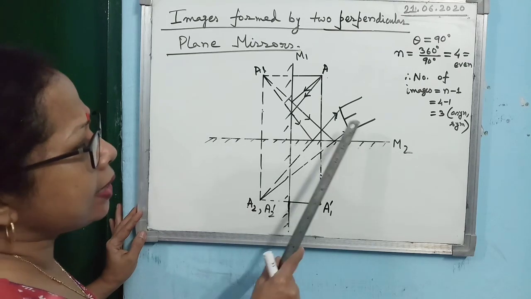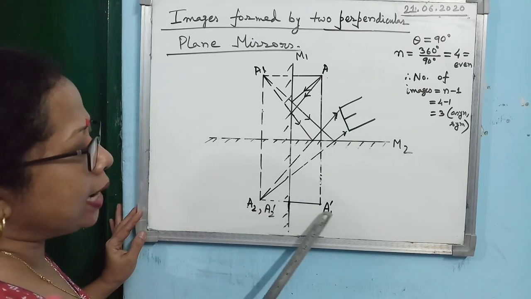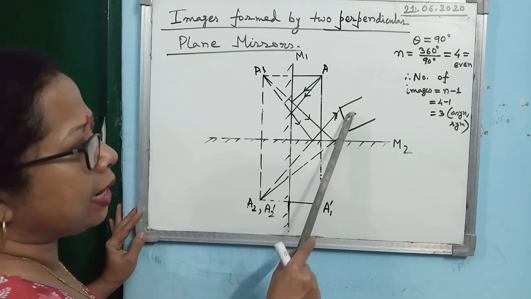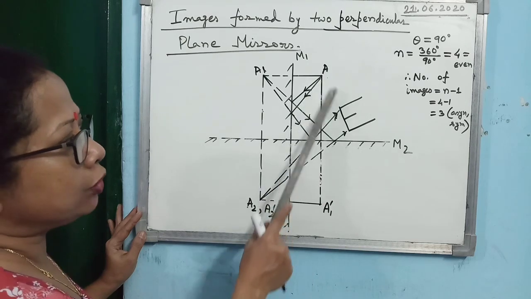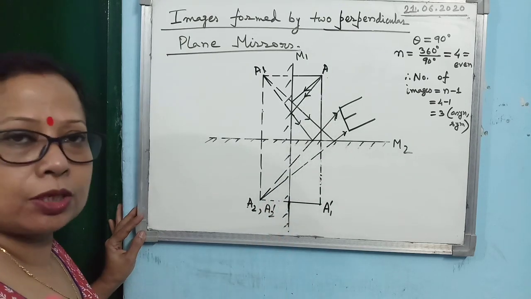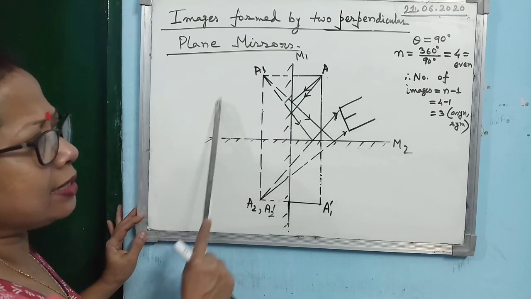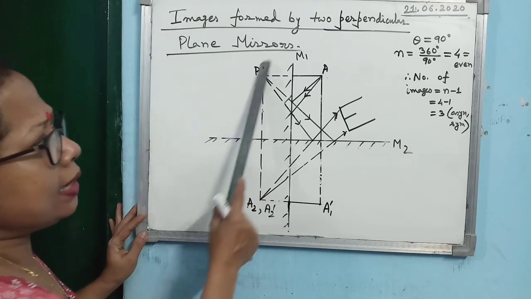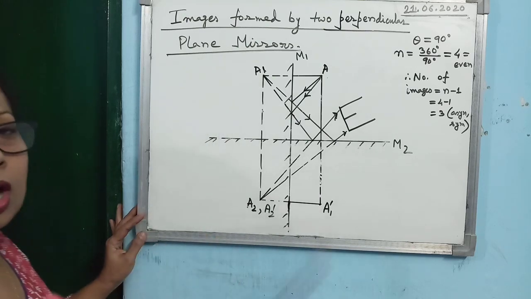Alright, and here you see, you don't have to show A2 dash and A1 dash, because from A1 dash directly the ray will go to E, and if you join it with A, the image formation will be there. But generally it just makes the entire diagram untidy. That's why this much is enough for your exam.